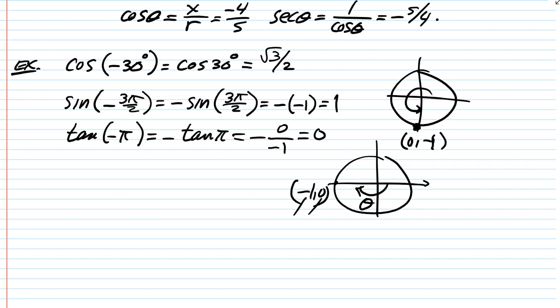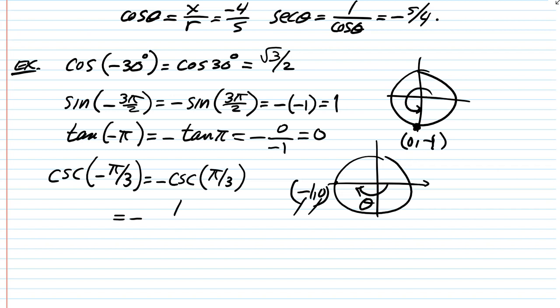And just to do one more, let's say I want to do cosecant of negative pi over 3. Again, cosecant of negative theta is negative cosecant of theta. And cosecant of pi over 3, remember, is 1 over sine of pi over 3.